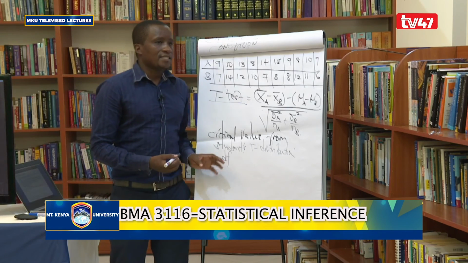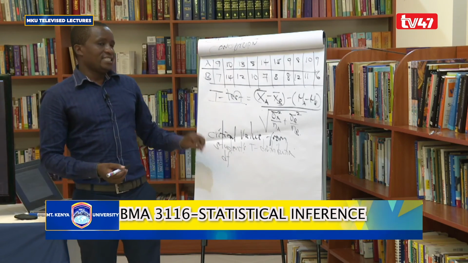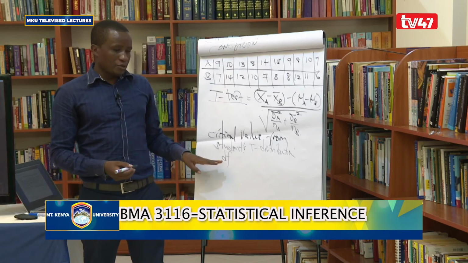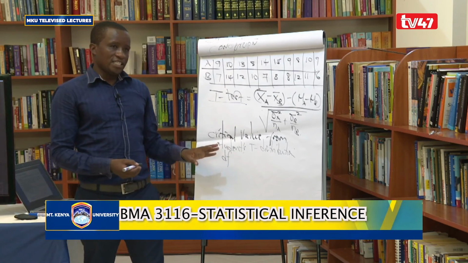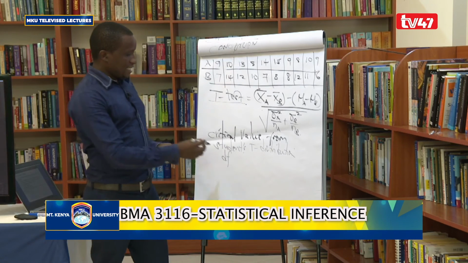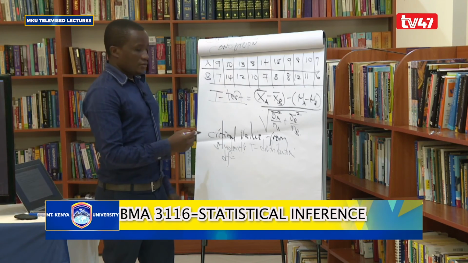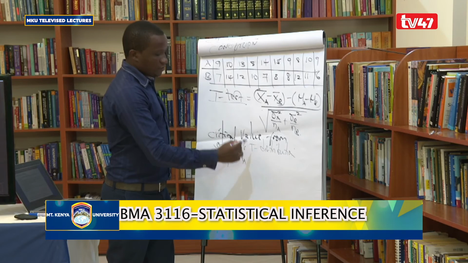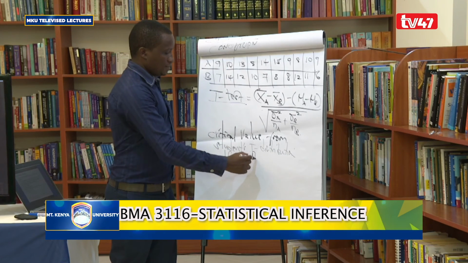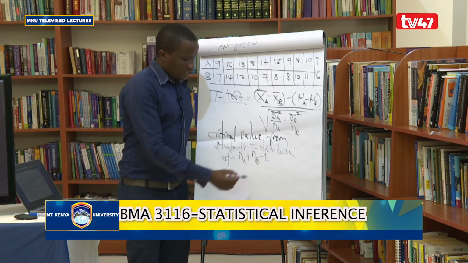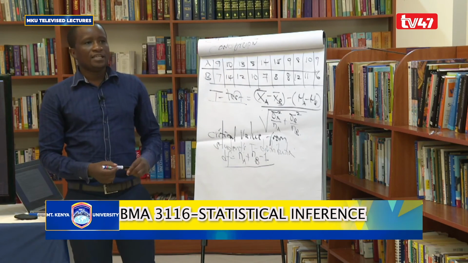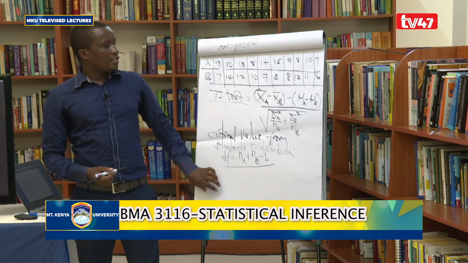In statistics, the degrees of freedom represents the number of observations in a problem, minus the number of parameters that you have estimated. So the degrees of freedom in this case will be given by the number of observations in A plus the number of observations in B, then you minus 1 for this case specifically.